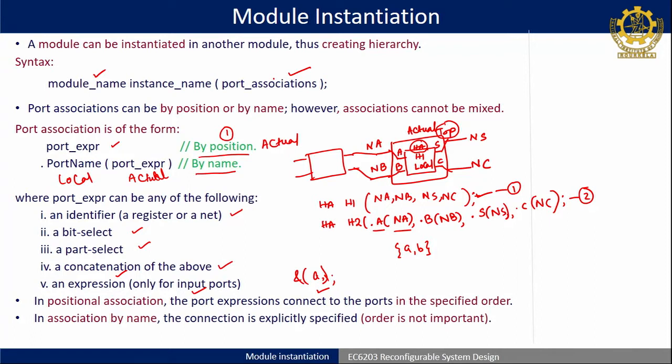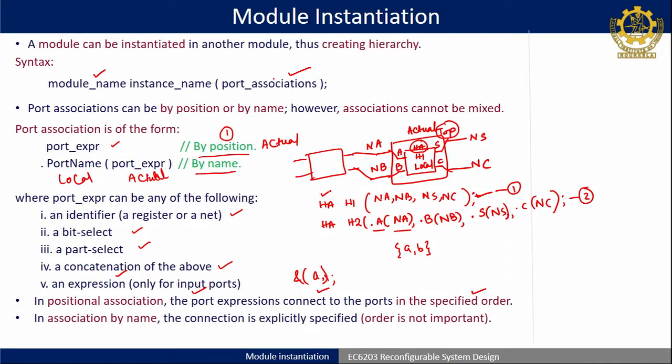So, the summary is that if you are doing positional association, then it is order dependent. You have to maintain the association of ports in the specified order. The specified order means the order specified during the definition of the module.